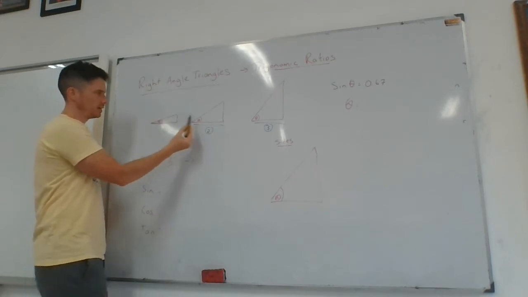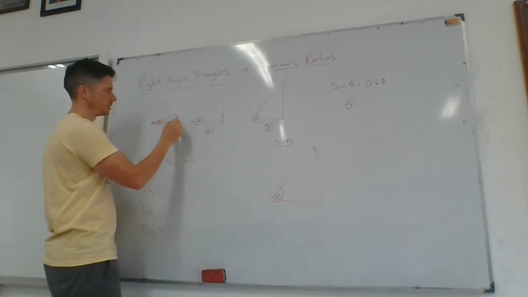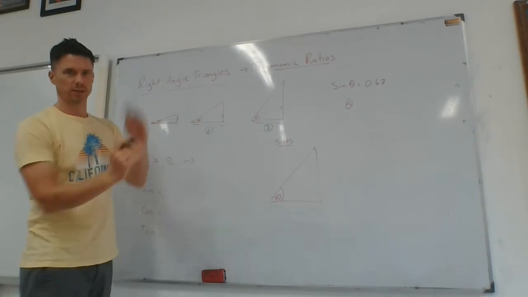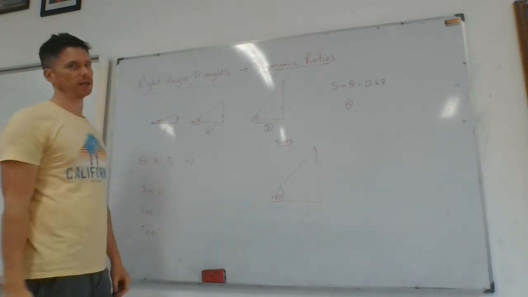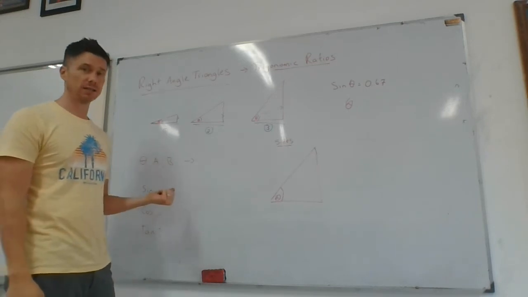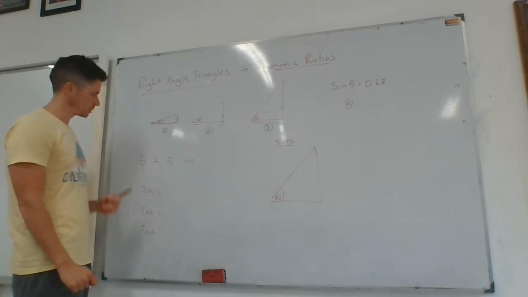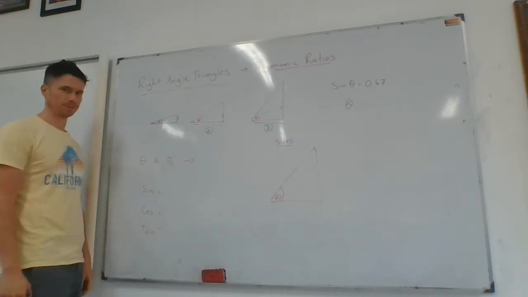As the side opposite it gets bigger, the angle also increases. So there must be some way we can use that in maths to find out what the angle is or what the side is. And we can. And that's where sine, cosine, and tan come in.